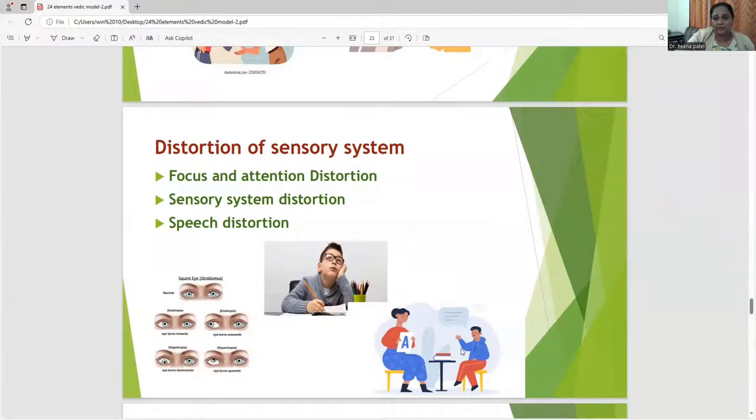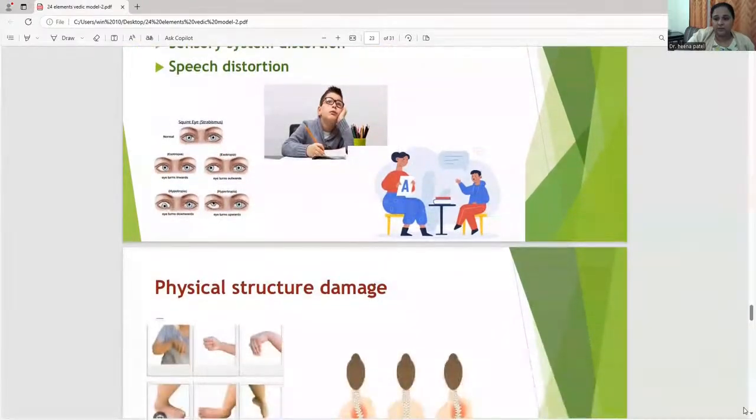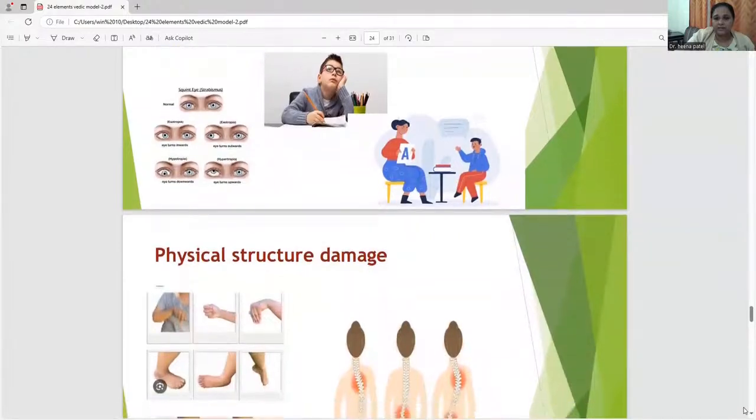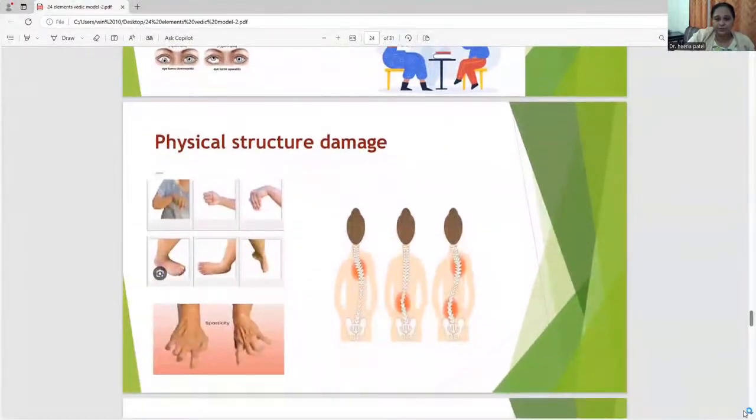Speech and language issues I have already discussed in the 24 elements model. If your ether element is disturbed, then you are having speech and language issues. If the force works on your physical level, it will create a physical deformity.